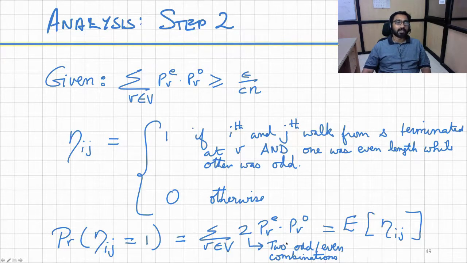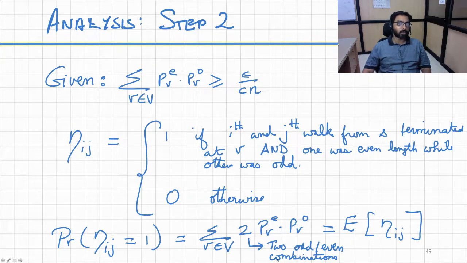So if, let's say, the ith random walk followed this probability and the jth random walk followed this probability, what you end up having is evidence of an odd cycle. The other option is that the jth random walk follows this probability, and the ith random walk follows this probability.